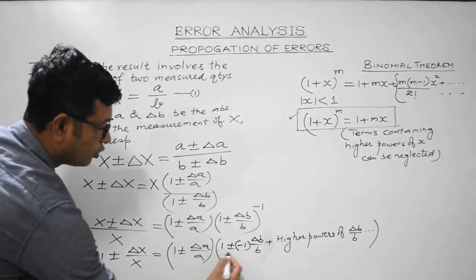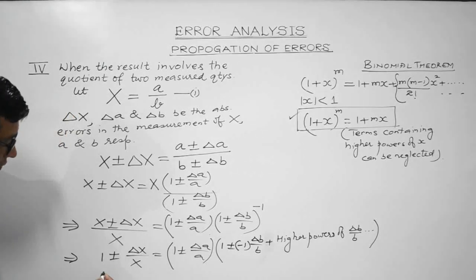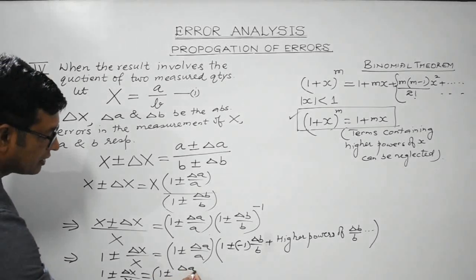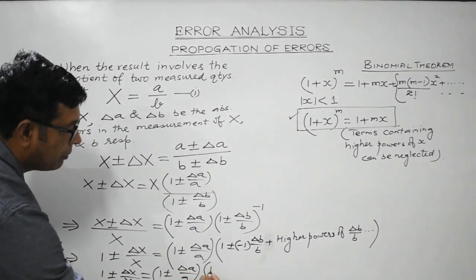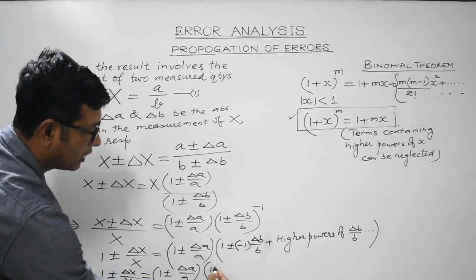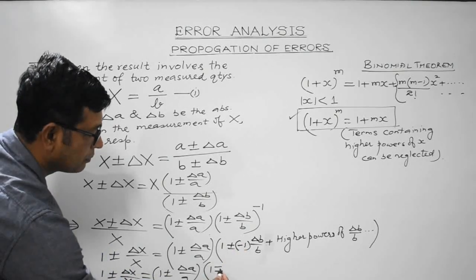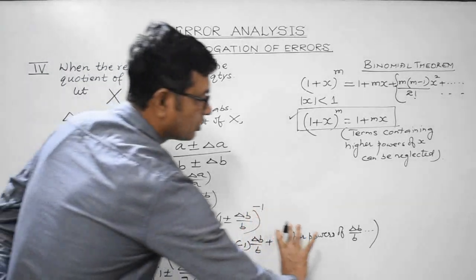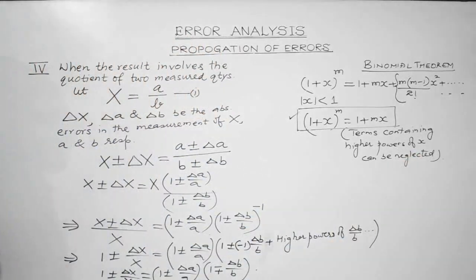Right? So only these two terms are to be considered. So what we get is 1 plus minus del x by x is equal to 1 plus minus del a by a multiplied by 1 minus del b by b. Plus minus is minus, minus is plus. Higher powers of del b by b can be neglected. Right? Let's proceed further.